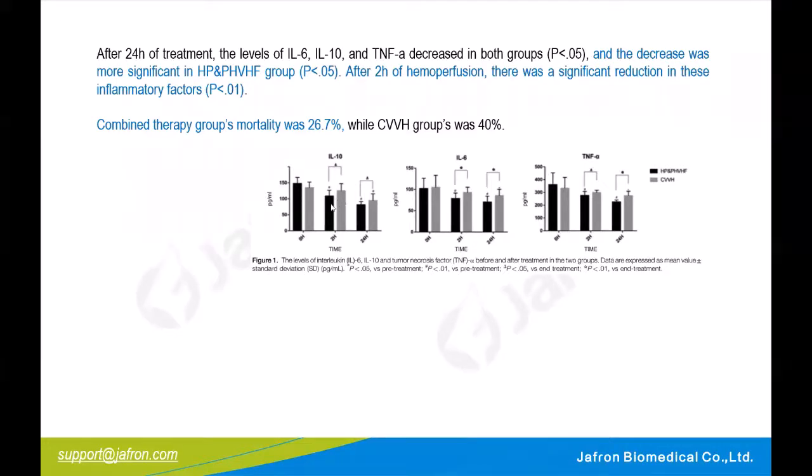Especially after 2 hours of hemoperfusion, there was a more significant reduction in the cytokines, with significant difference that we can see marked by the star here. It's a symbol of significant difference.